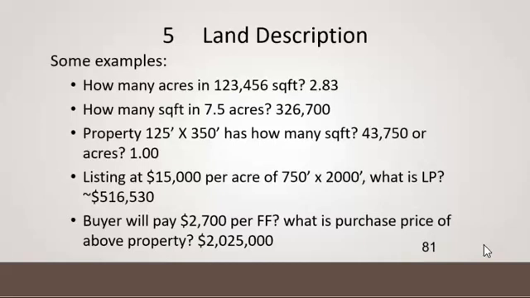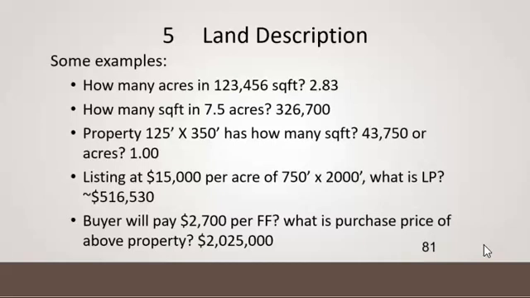Square feet cross out, so I've got 123,456 divided by 43,560, and I come up with 2.83 acres. Everybody get that? Common real world problem.